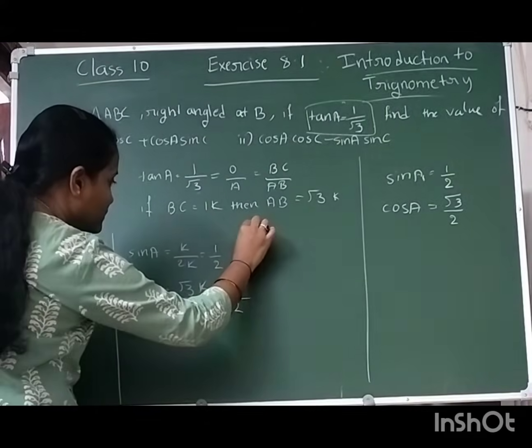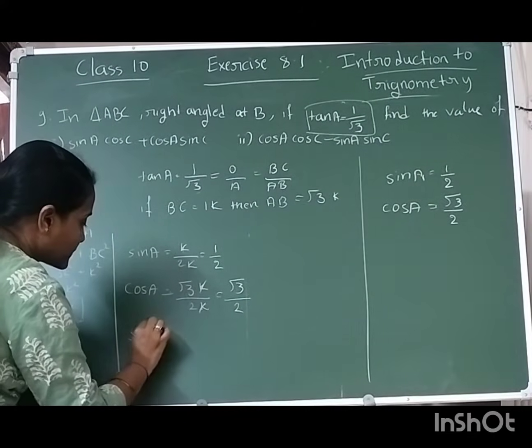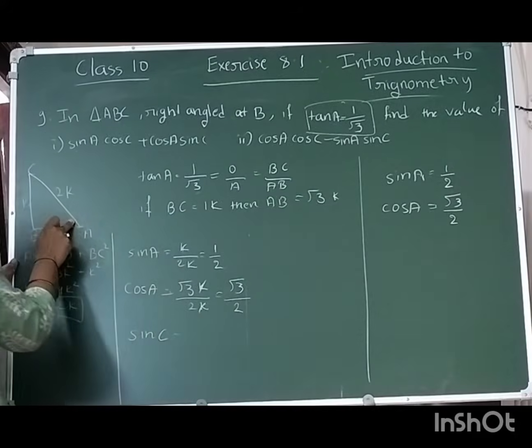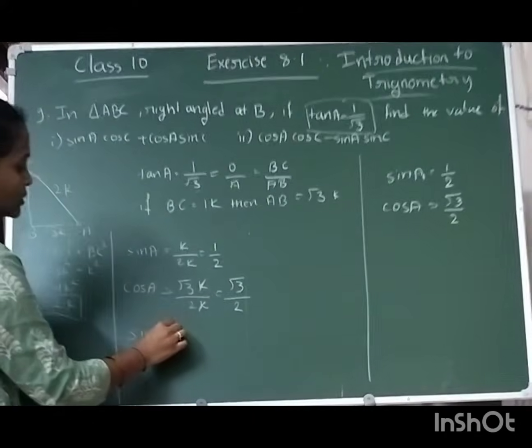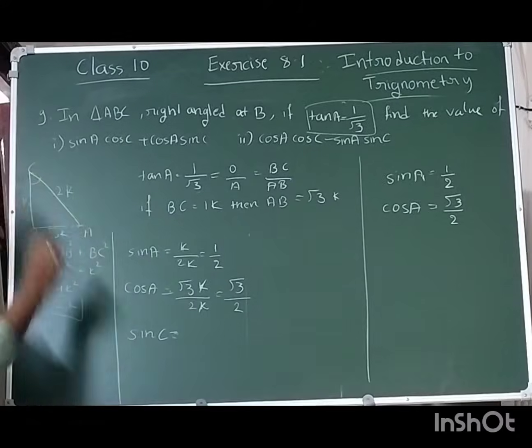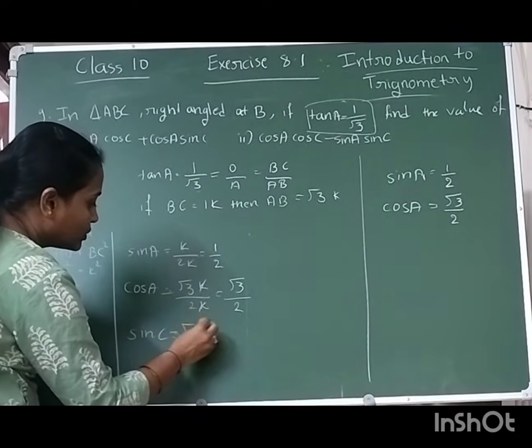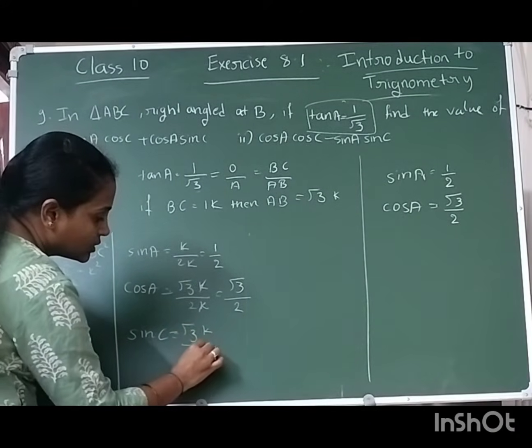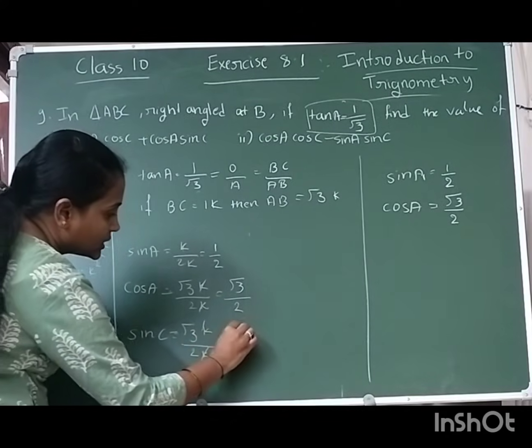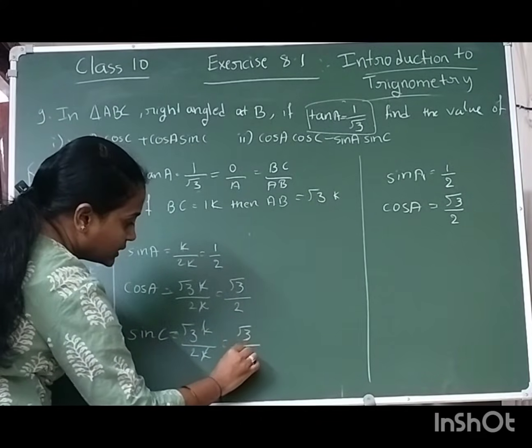Similarly, we'll find out the remaining ratios, that is sin C. So in this sin C, the angle will be at C. So sin C is opposite by hypotenuse. So root 3K by 2K. The answer will be root 3 by 2.